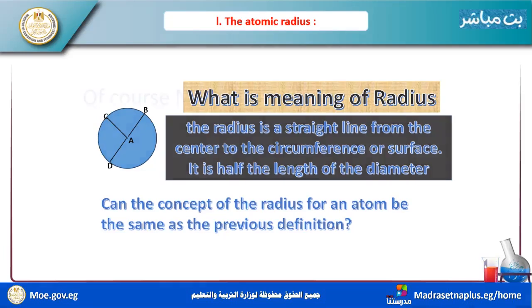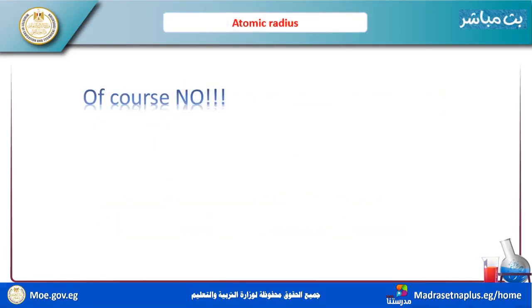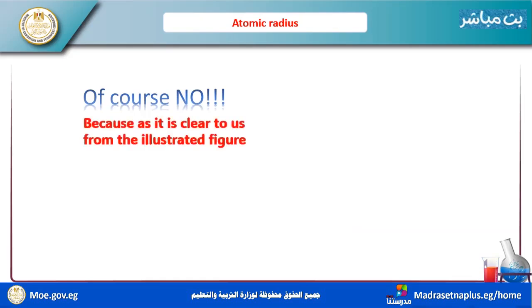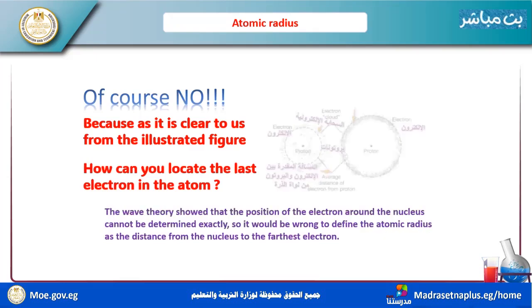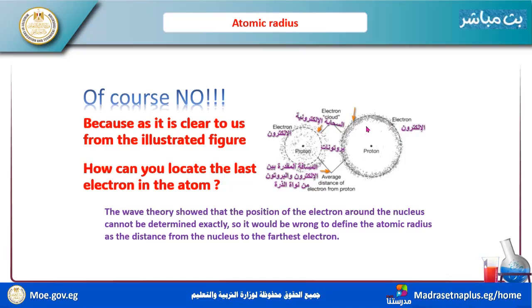Okay, what is the difference? We can discuss this. The atomic radius is not the same, because it is clear to us from the latest figures. In these figures we can show that we have an electron cloud, not a definite place, because we cannot locate the accurate location of the electron around the nucleus.